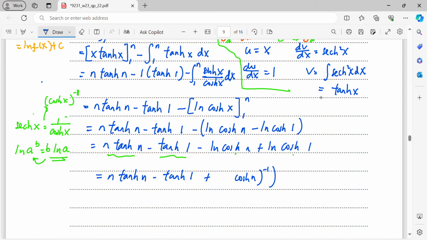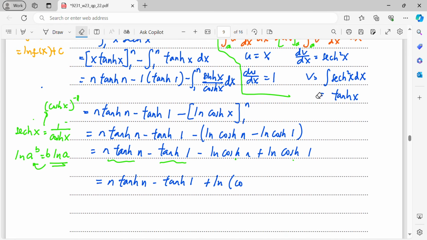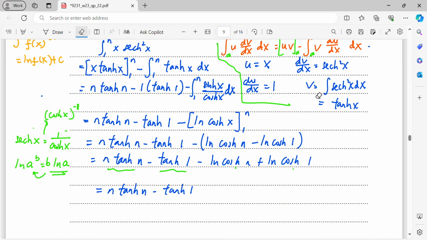So here, right? Then now I will get, or probably I do step by step, I will write like that. So I will write like this, plus negative ln cos n, and then this plus I change to minus because I want minus to get the hyperbolic secant.